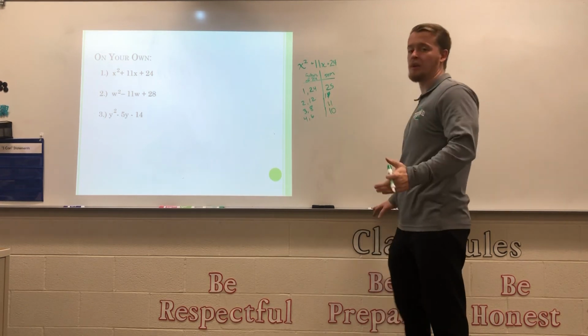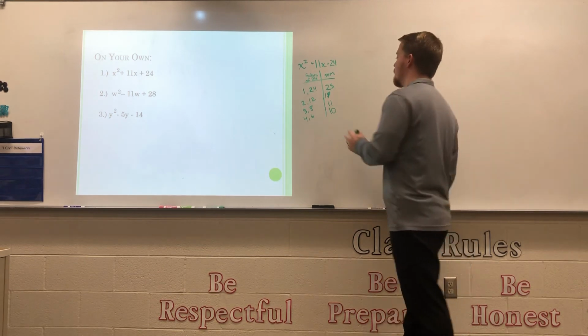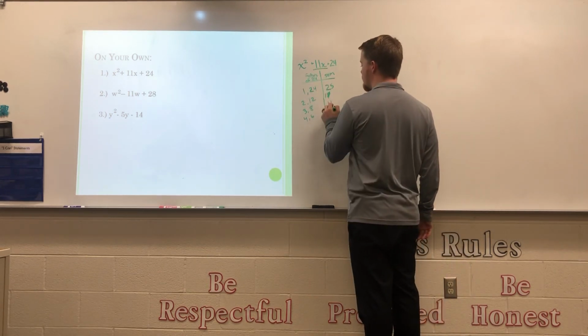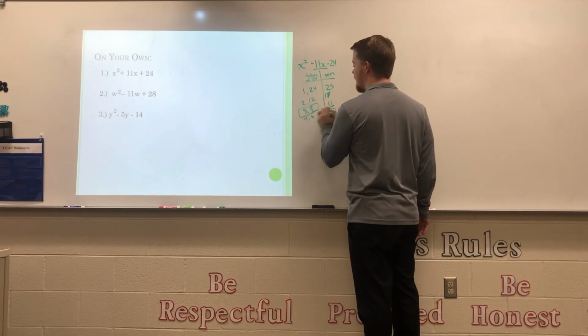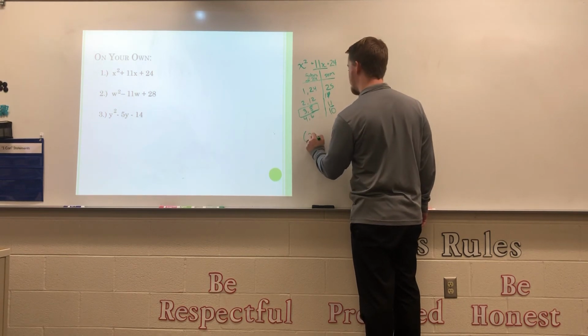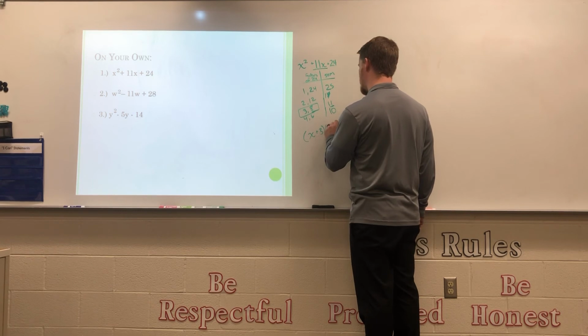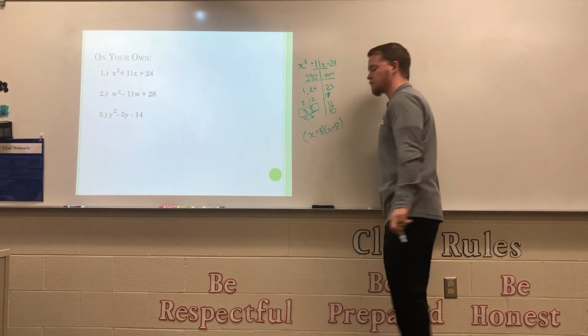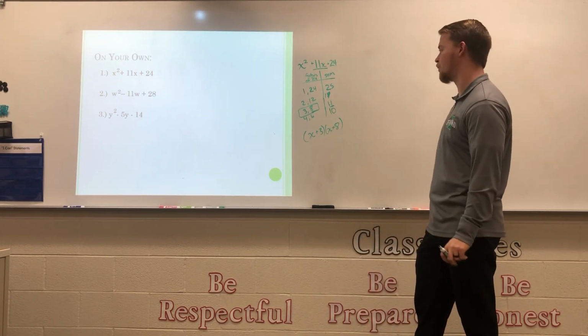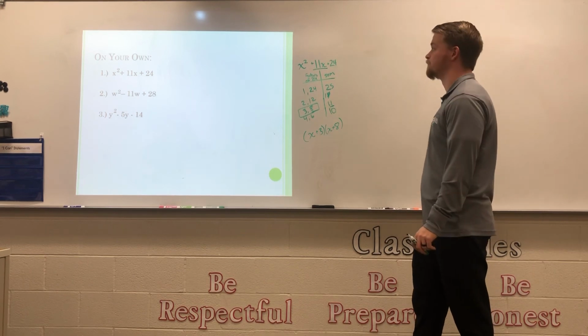So let me look and see which sum matches my middle term, which middle term's 11, here's 11, so there are your factors. So final answer, x plus 3, x plus 8. So that's your final answer for that one.